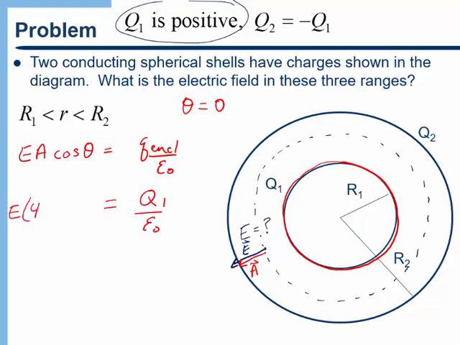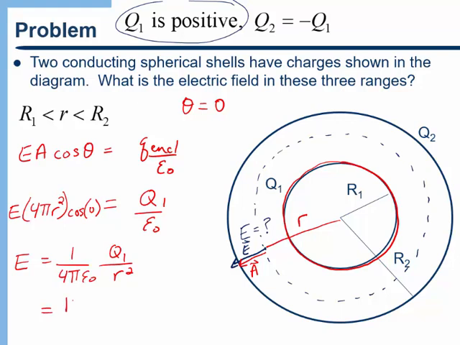The surface area is the surface of my Gaussian surface. That's 4 pi r squared times the cosine of 0. And what I get is that E is 1 over 4 pi epsilon naught Q1 over r squared, or K Q1 over r squared.